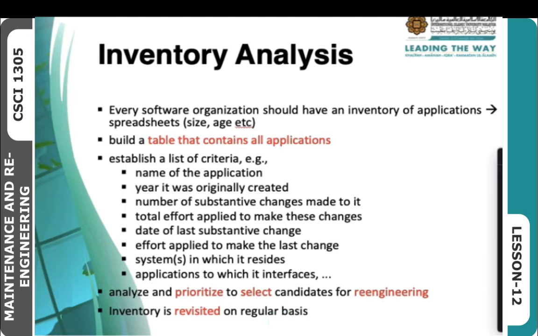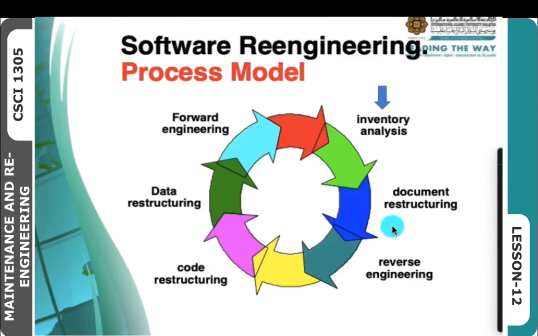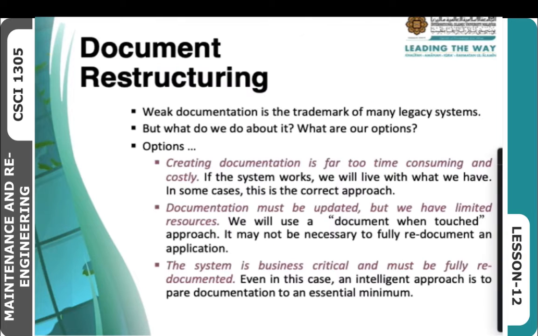Okay, all right. So the second one is document restructuring. What is document restructuring? It refers to the documents themselves. Documentation for legacy systems has quick documentation as a trademark. Okay, that is a trademark, right?